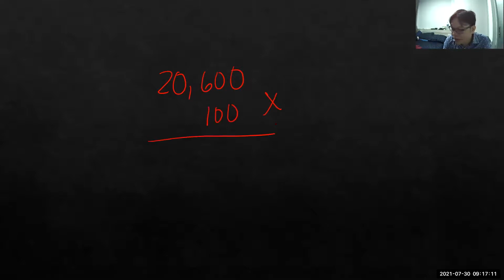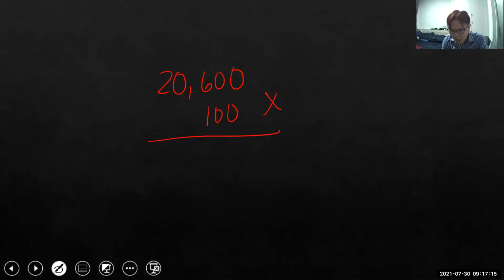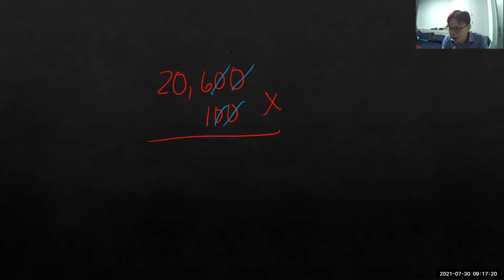Example I have here, 20,600 times 100. Now, Teacher Aman said, count the number of zeros. You have there, 1, 2, 3, 4. So 4 zeros, right?